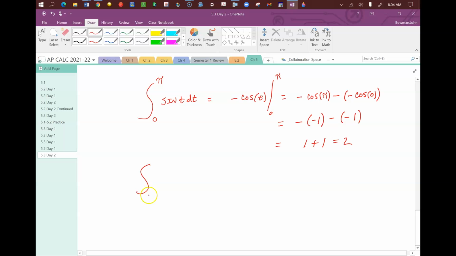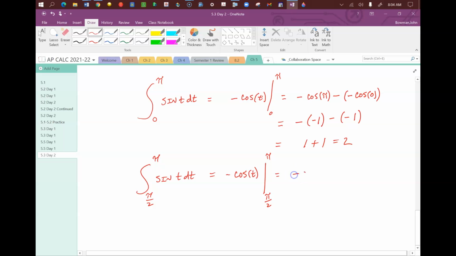Let's try that again, except let's go from pi over 2 to pi of the sine of t dt. Again, the antiderivative of the sine is the opposite of the cosine of t, and we're going to evaluate that at a lower bound of pi over 2 and an upper bound of pi.